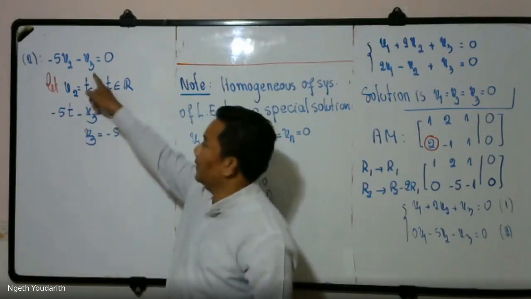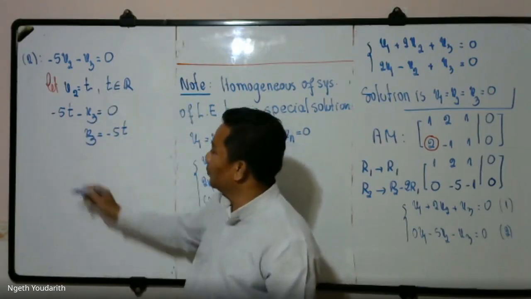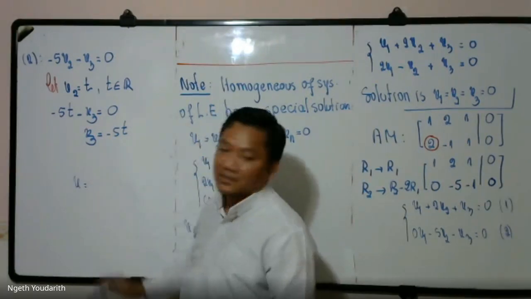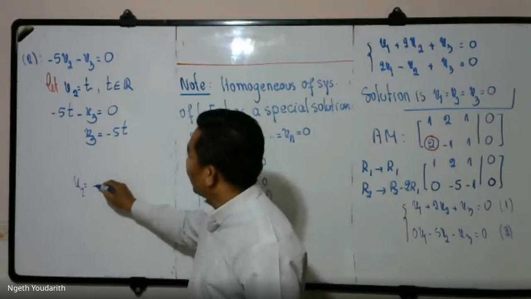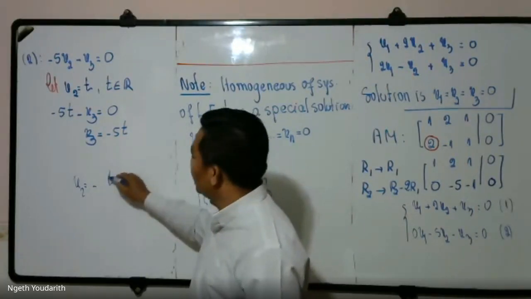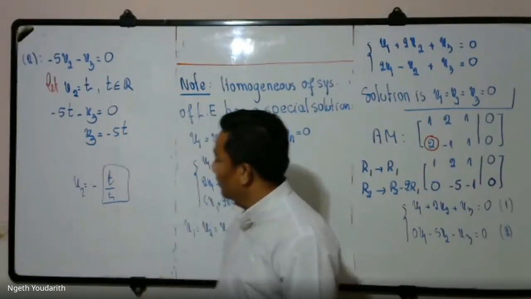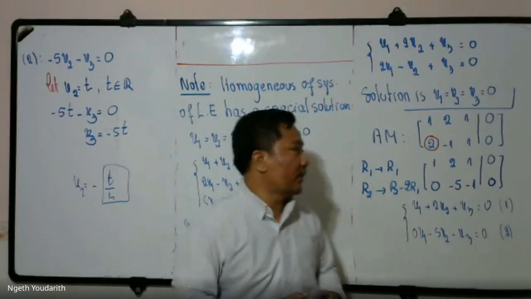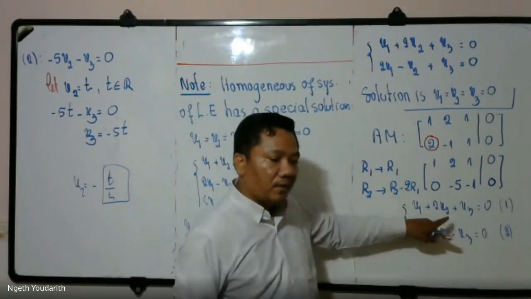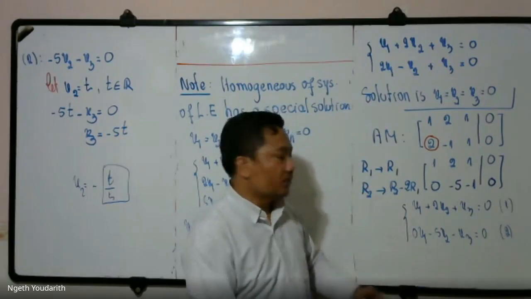If you let x3 be t, it means that x2 is a fractional number, x2 equal minus 1 or t over 5. When you substitute x2 and x3 into equation 1, it is a little bit difficult to calculate.